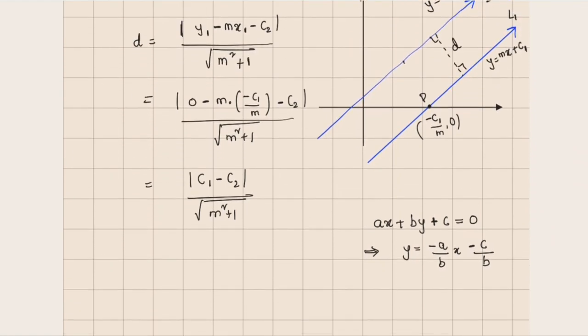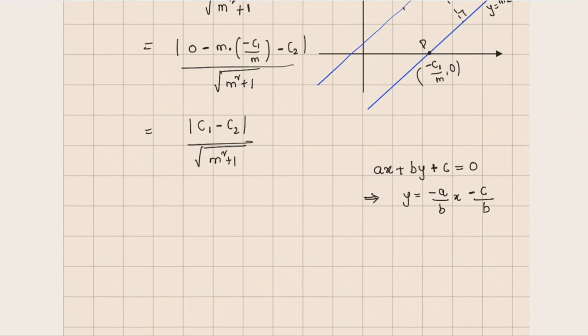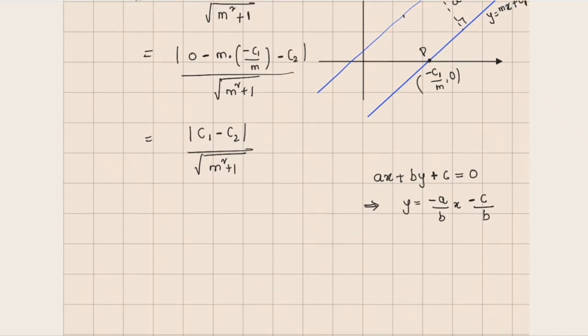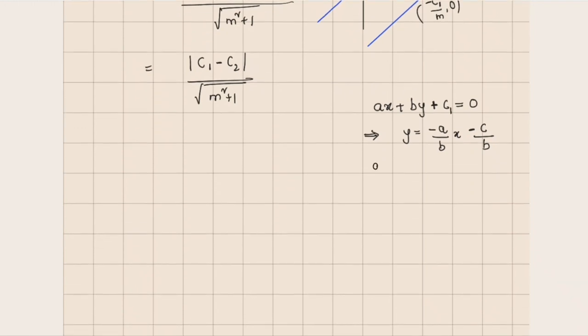So let L1 be ax plus by plus c1, and L2 be ax plus by plus c2. The coefficients of x and y don't change because the slopes are equal, which gives y equals minus a by b x minus c2 by b.